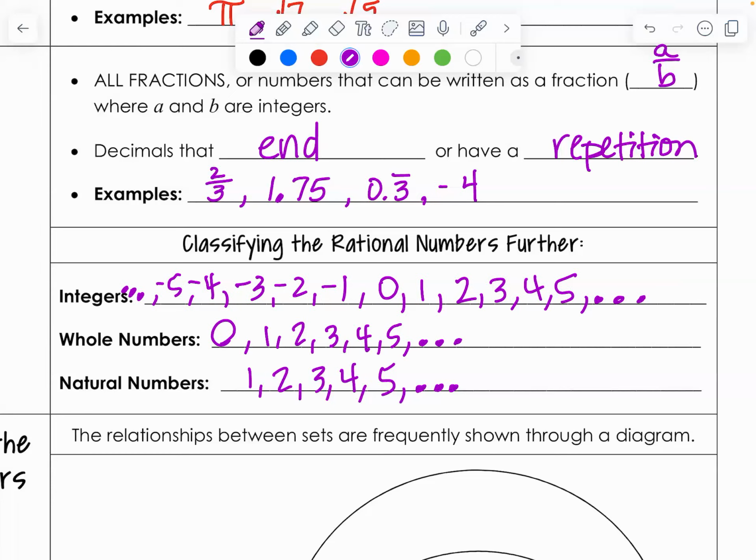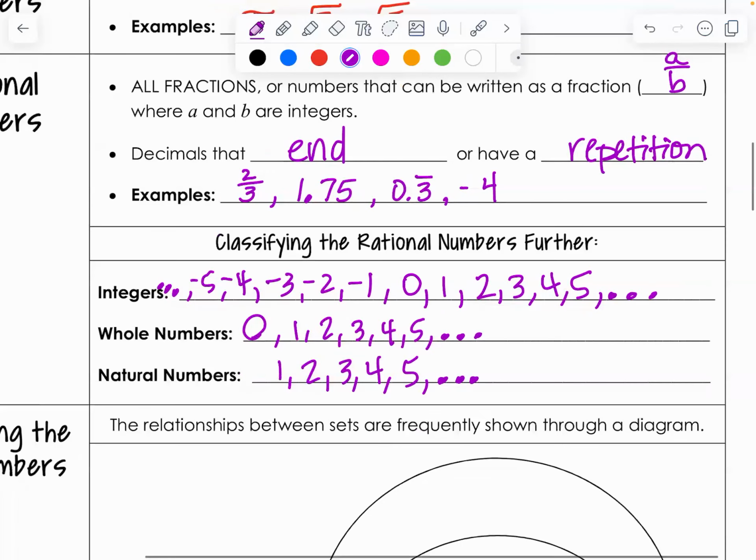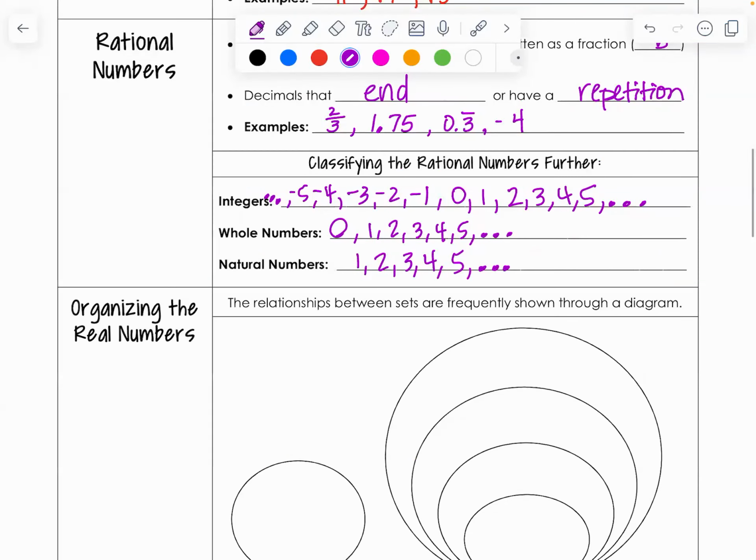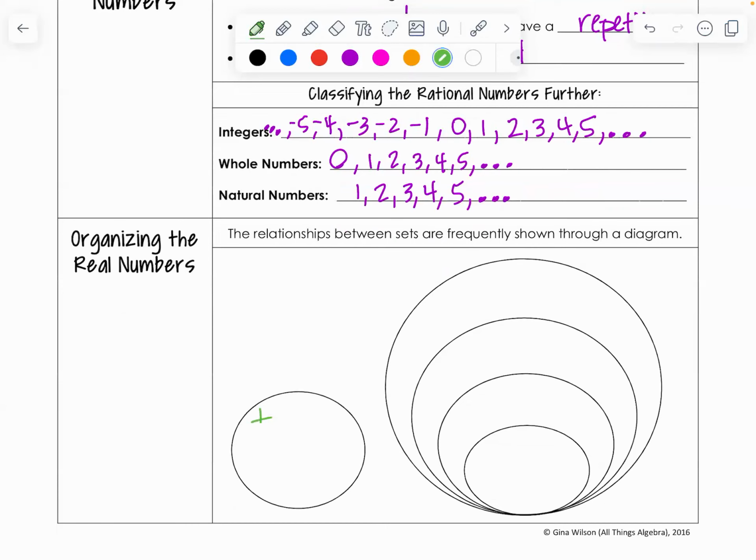But if I have -3.5, that's just a rational number. We can't put that in any of those categories. So what we need to be able to do is determine, here's a number, where does it fit? Well, I told you we have 2 categories. I told you we have irrational numbers, and I told you we have rational numbers.